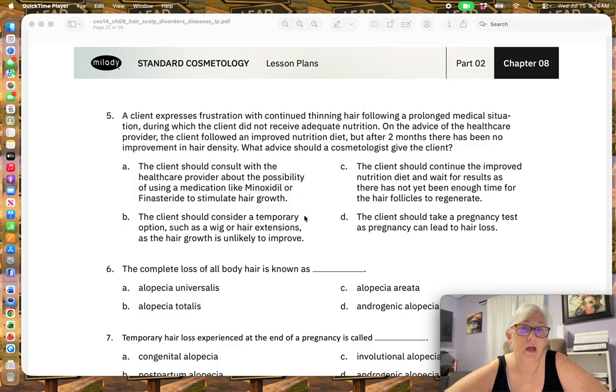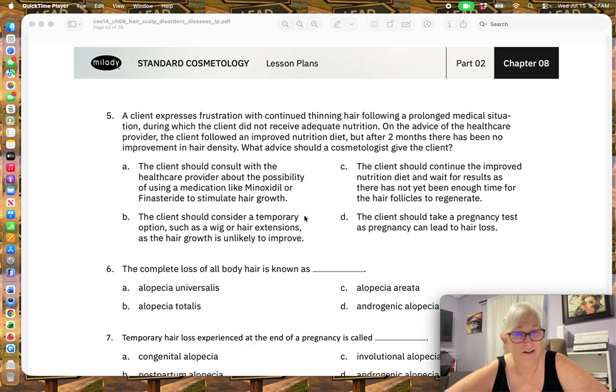Okay, I take a little bit of an issue with this because the actual answer, let me just verify 5, yes, is C. That you should continue to wait for those results because there hasn't been enough time for the hair follicles to regenerate. That is the most correct answer. It's not going to hurt them to talk to a doctor about minoxidil or some other type of growth stimulation treatment.